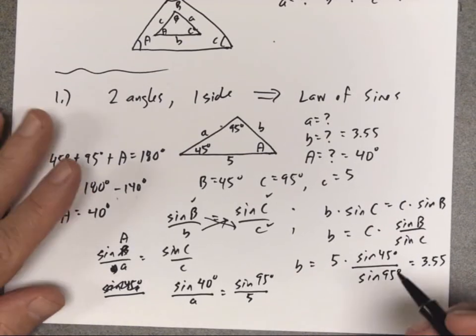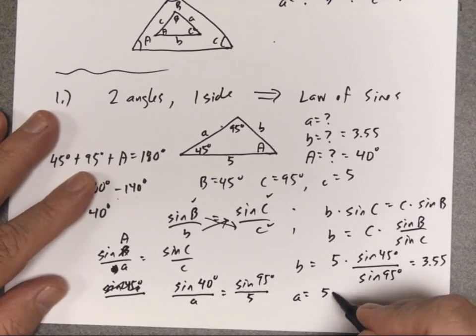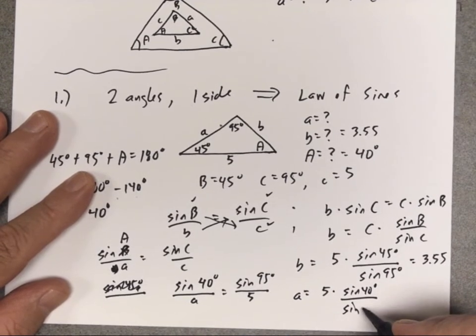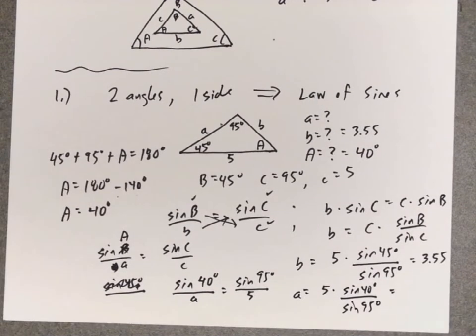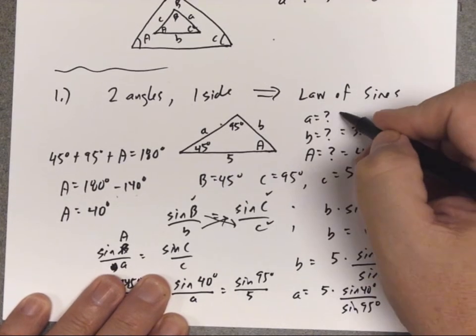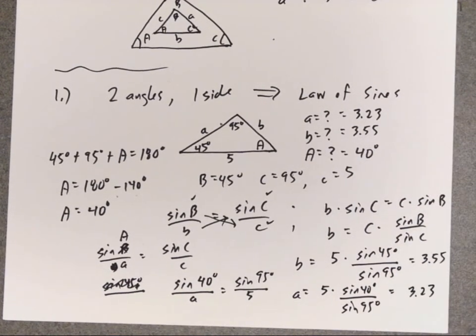So if we cross multiply and do the algebra, you end up with A equals 5 times sine of 40 degrees over sine of 95 degrees. So 40 sine divided by 95 sine times 5. Round off, 3.23. And now we figured out the 3 remaining parts.